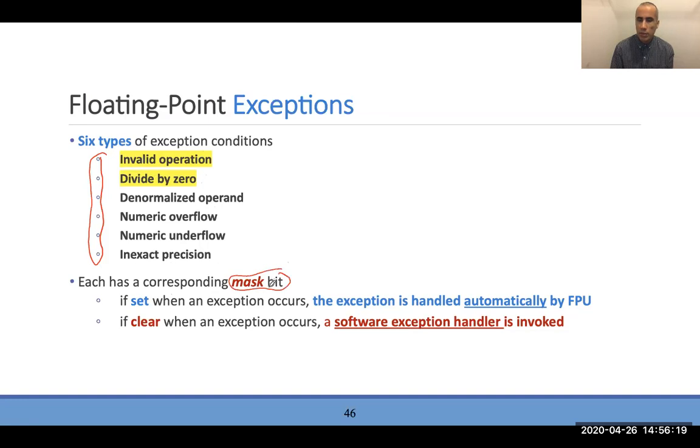Okay, so there's a mask bit inside. It's like the E flag, if you remember, in x86. Okay, so if this mask bit is set when an exception occurs, the exception is handled automatically. That means the FPU knows this exception. If it's clear, then the software exception handler is invoked.